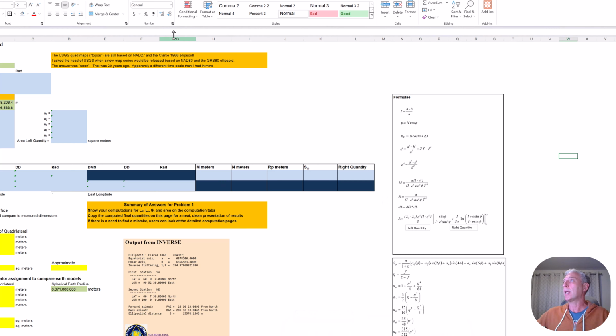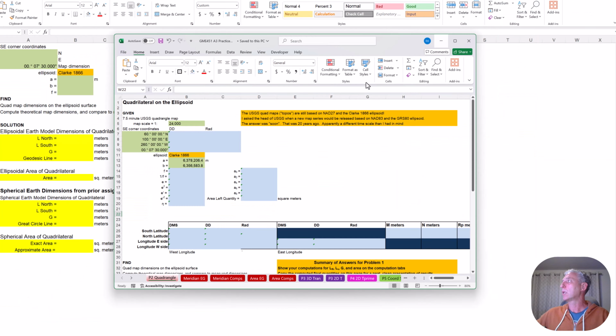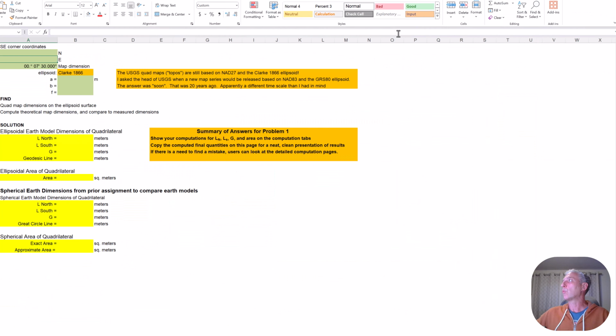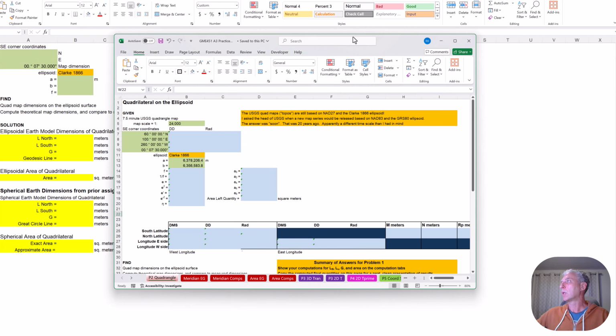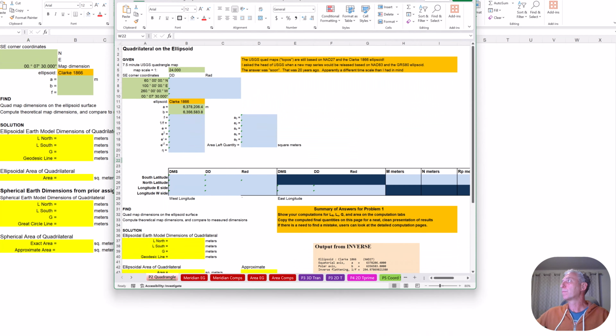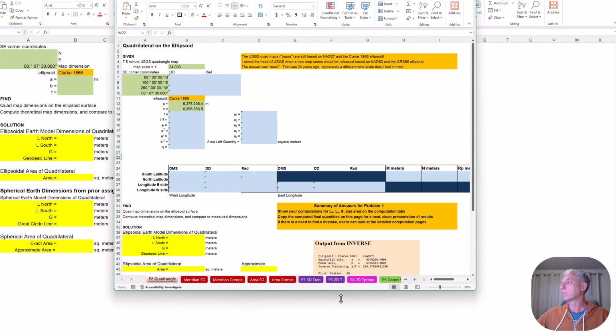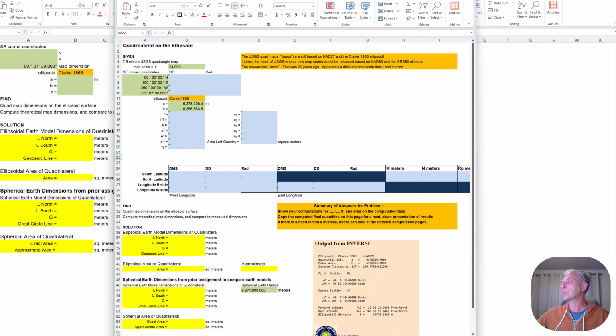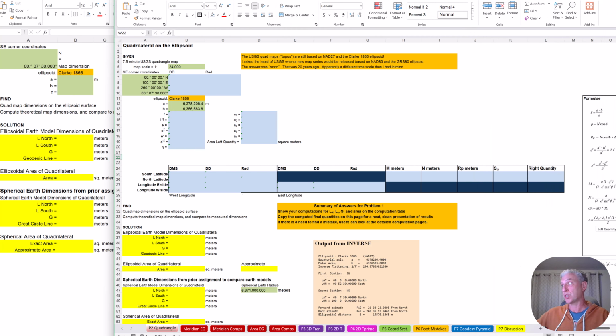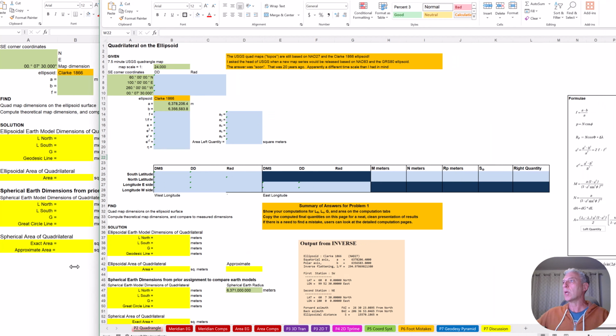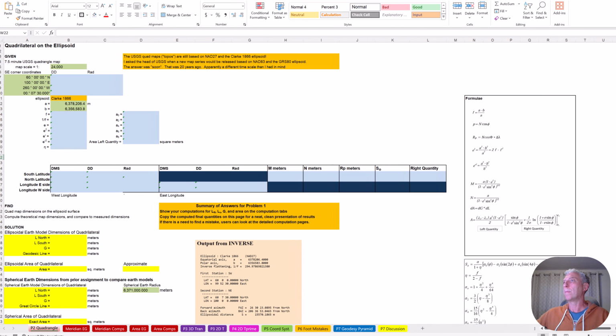But here is the same template wherein, where'd it go? I added some stuff for my computations. You can do it that way if you like, or you could use the separate sheet. A couple things I want to point out. There's certain information you're going to need to do your calculations, right?